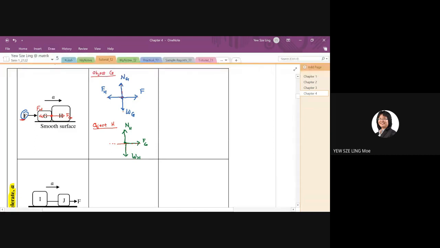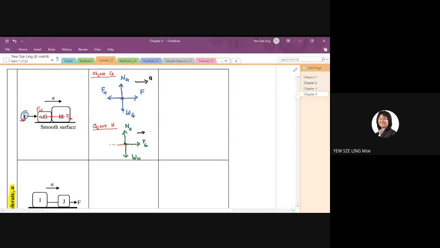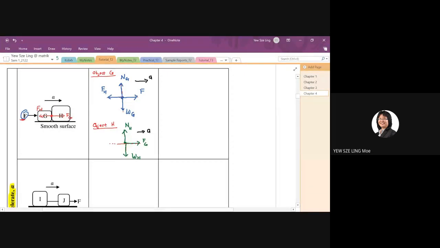And remember the things that I told you just now? I would like you to put A in the diagram as well, but not in your free body diagram. You put it outside the free body diagram to show the directions of motion. Now, why do we want to use A? That is because we want to use it to determine the direction of a positive value. When an object is moving with constant acceleration, we need to change the rules of sign conventions a little bit.